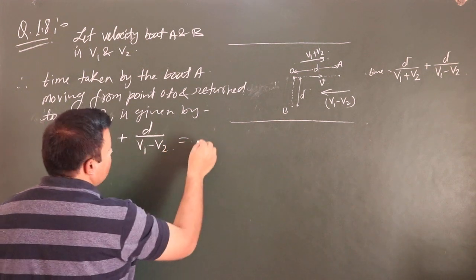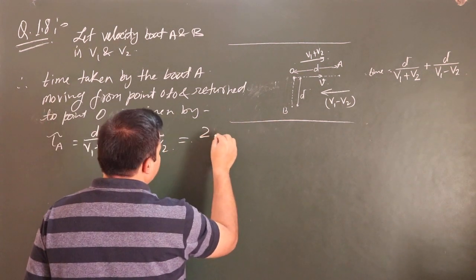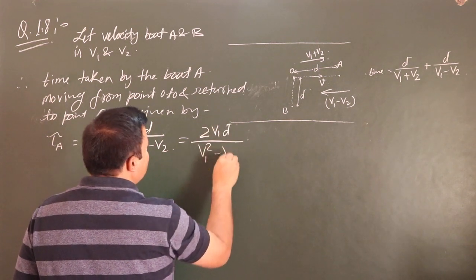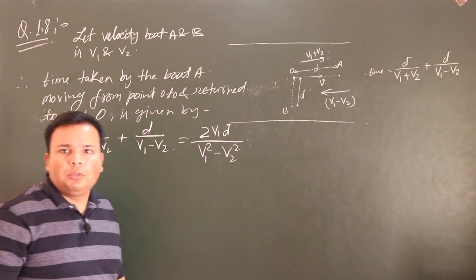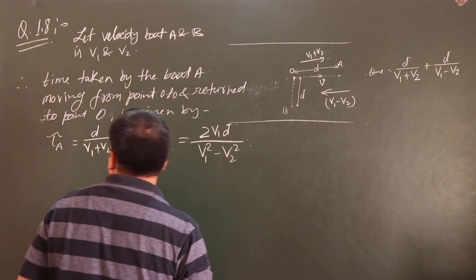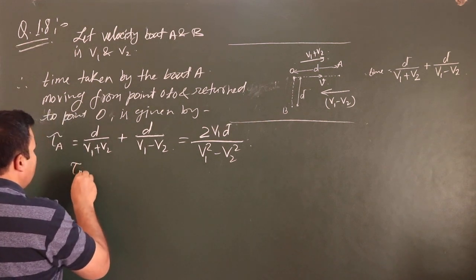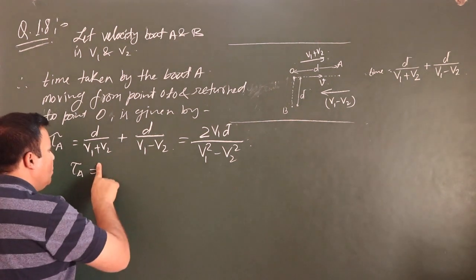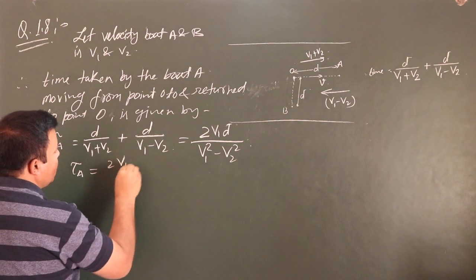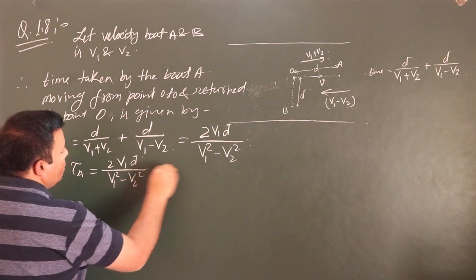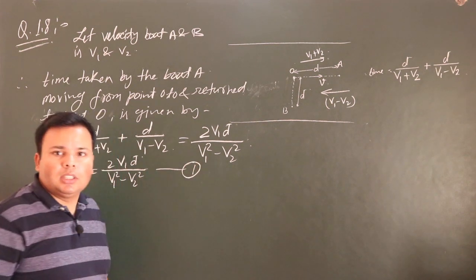After solving we get 2 V1 D upon V1 square minus V2 square. This is the time taken by boat A moving from O to A and back to point O according to the given situation, equation number 1.